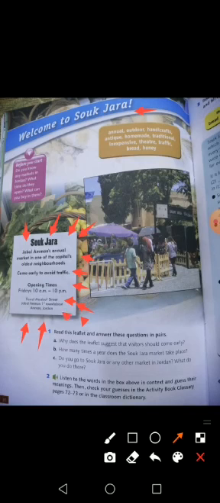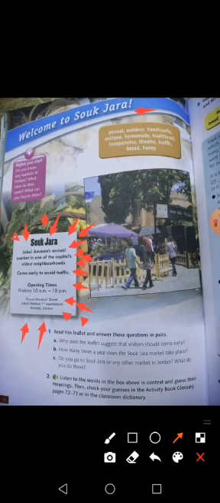So سوق جارة is a سوق or market in Jabal Amman. It is an annual market. It takes place once a year.